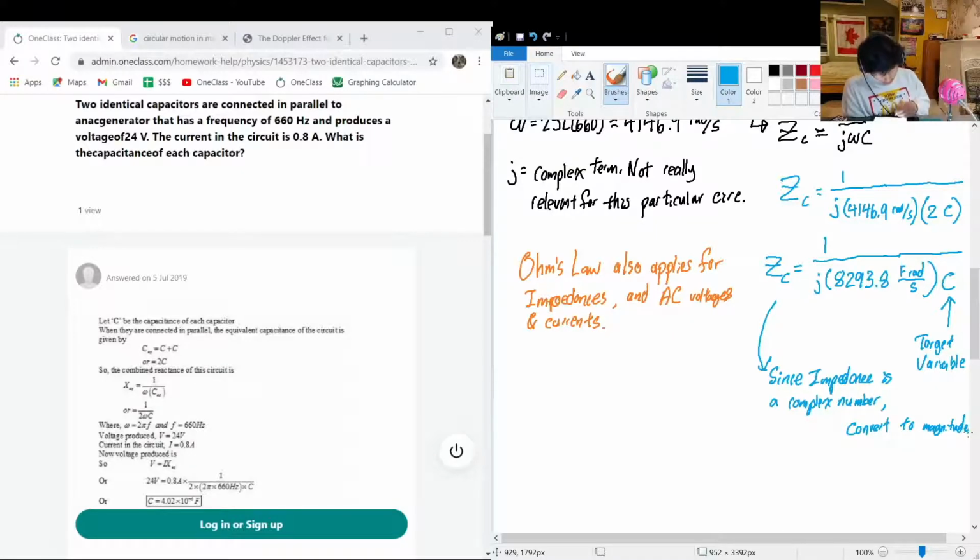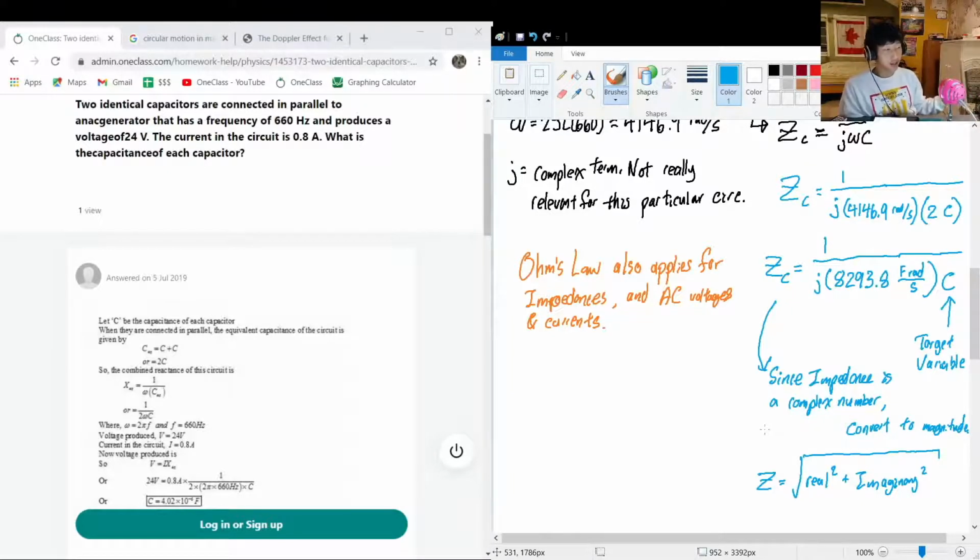Now for the magnitude, you would do the real part squared plus the imaginary part squared, all under the root. It's definitely got the same type of energy as good old Pythagoras. The j is what's associated with the imaginary part.